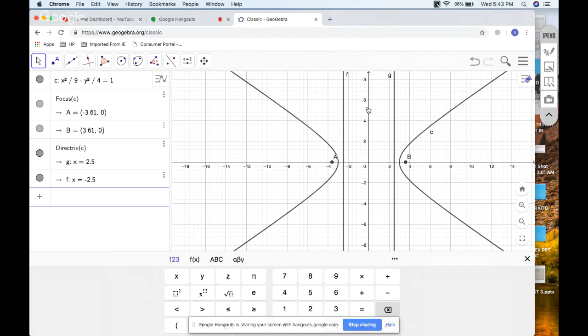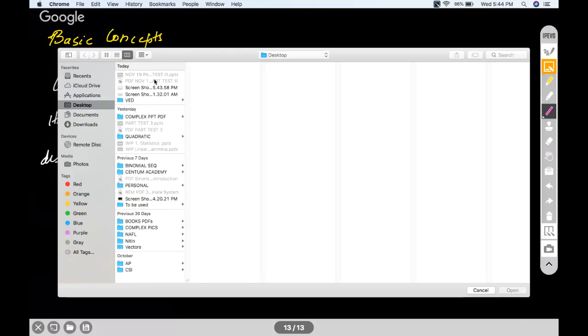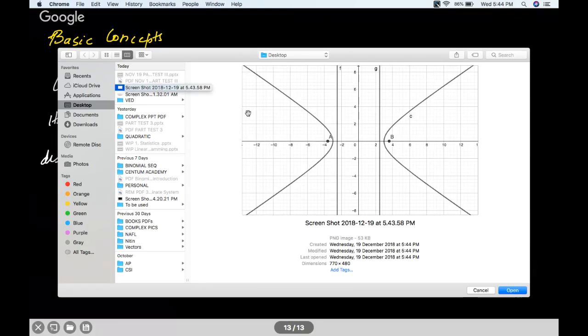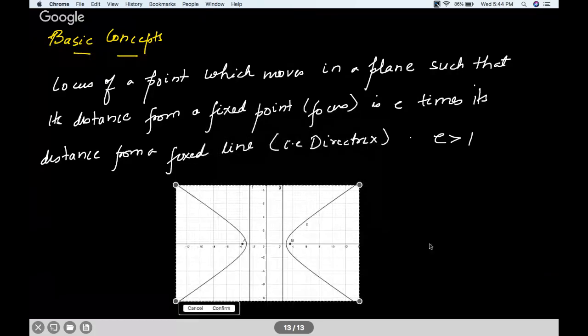So what I'll do now, I'll just take a snapshot of this so that I don't have to sit and draw this every time. Yeah. So let's go back. Yeah. So this is your hyperbola.